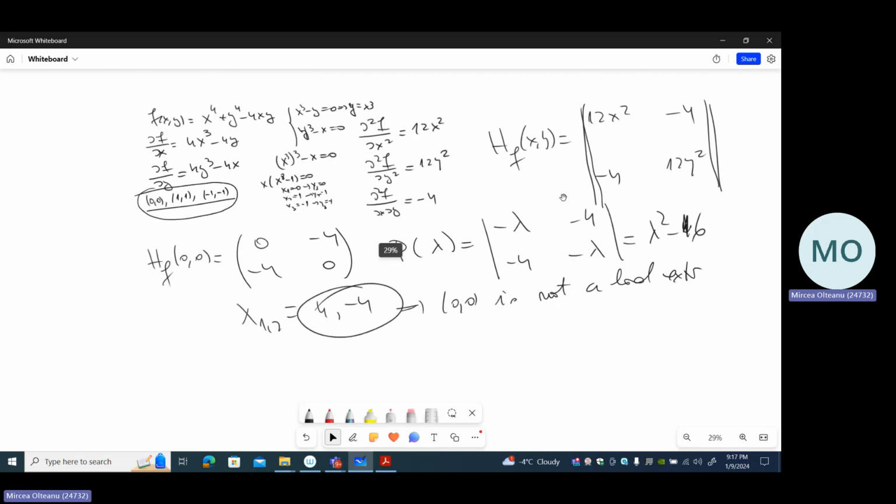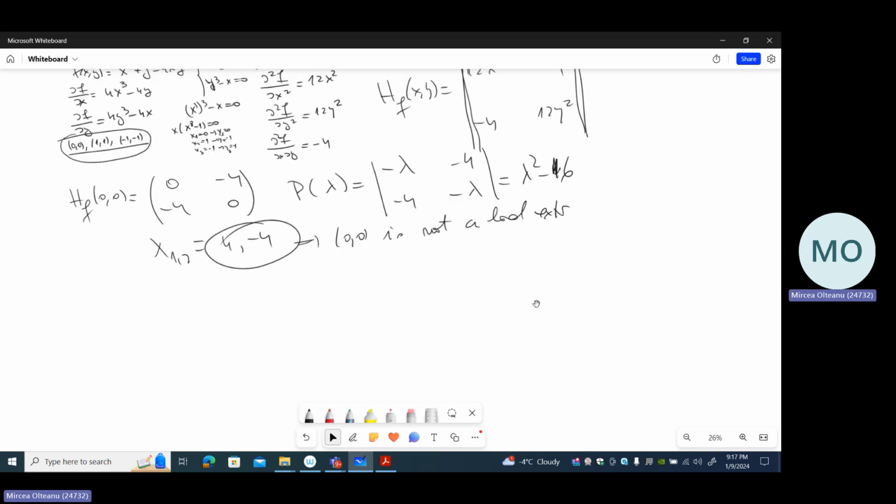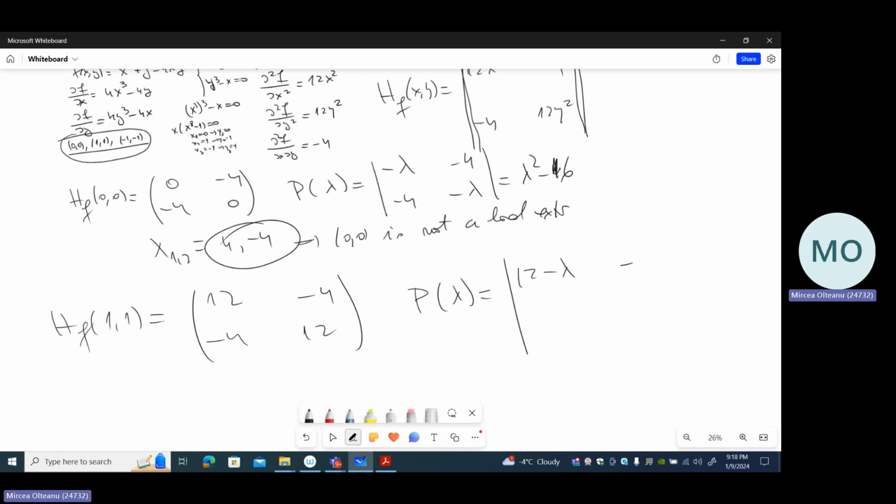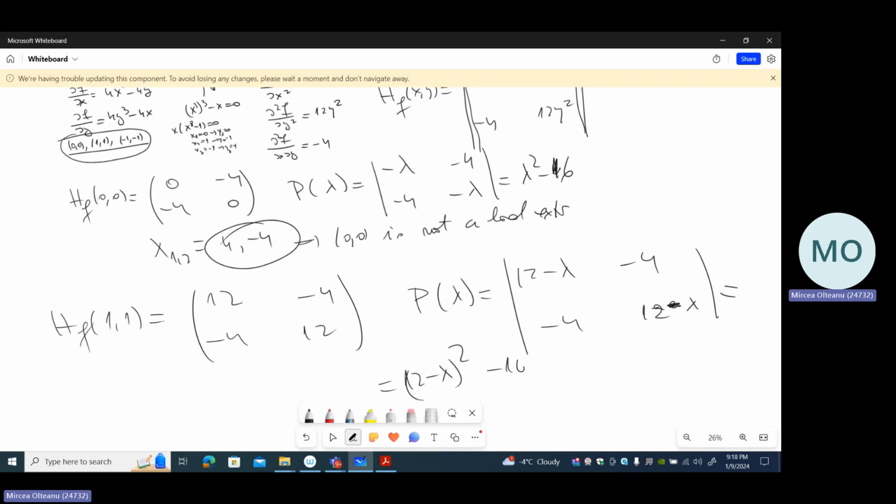Now, what about the other two? The Hessian matrix at (1, 1) is 12, minus 4, minus 4, 12. The characteristic polynomial is given by this determinant, which is (12 minus lambda) squared minus 16.